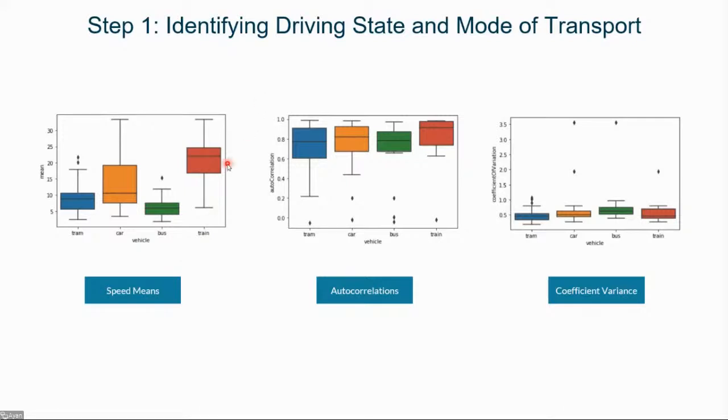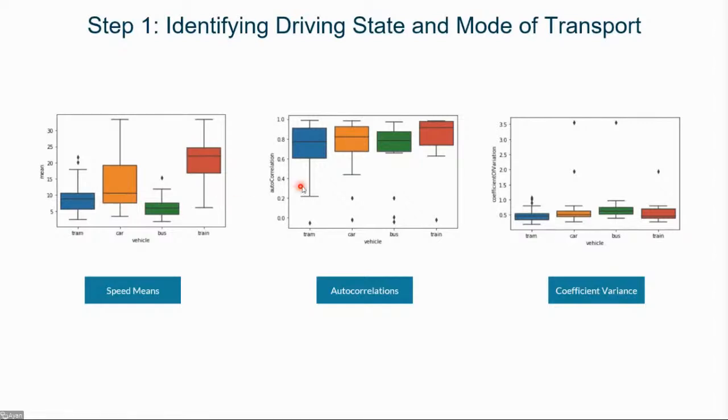So for example, the first chart you are seeing is related to the speed variations or the average speed. Generally, for a trip, trains would have higher average speed as compared to cars, and cars would tend to have higher average speed as compared to buses. So this is one of the features that we use.